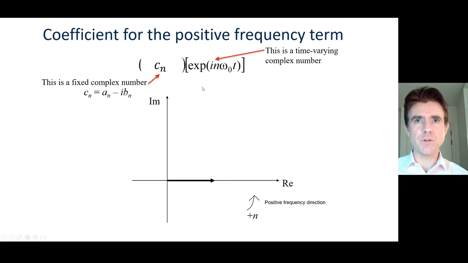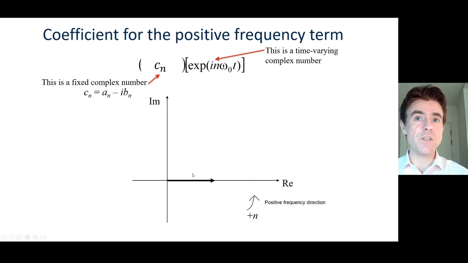So here I've plotted the complex number for time t equals 0. And so that means this part here will just be equal to 1 at time t equals 0, which means that when we plot Cn, we can just plot that directly because the complex exponential is equal to 1. Okay, so it's 1 times that complex number Cn.